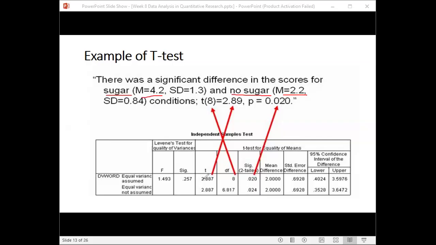First of all, this column, we call it the T statistic. Then the second column, we call that the degrees of freedom. And then the third column, we call it the significance level.